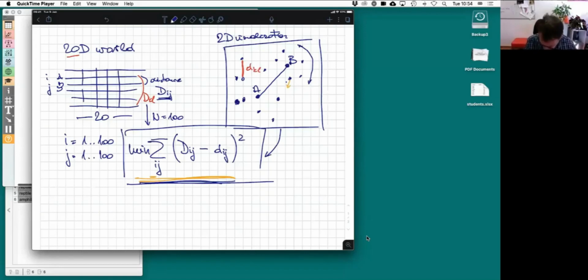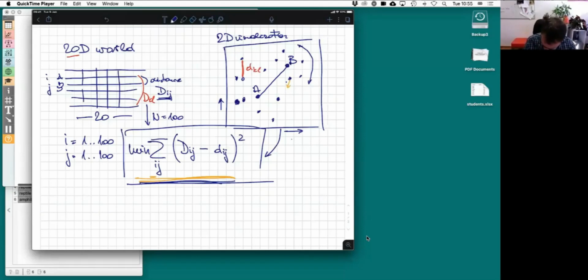So I should not say that this is X and Y, I should not talk about the coordinates, because the coordinates really don't matter. It's not like PCA analysis where the first principal component is well-defined and the second one is well-defined.